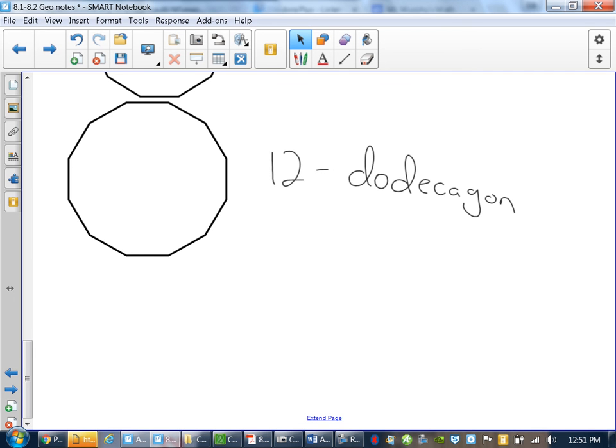Two plus a decagon, dodecagon. The next will be 13gon, 14gon, and so on and so on.